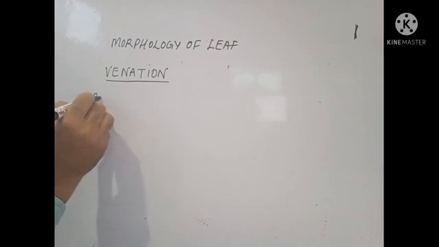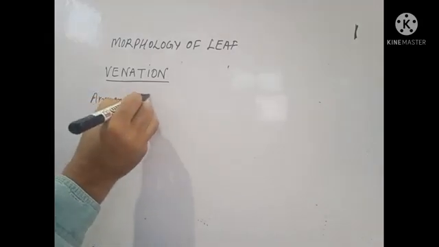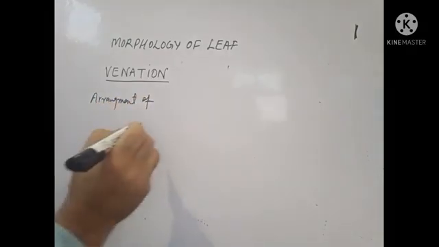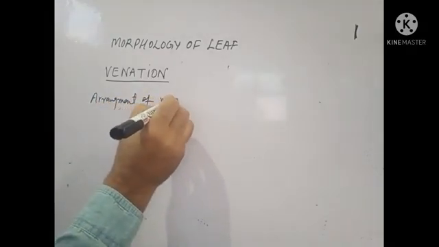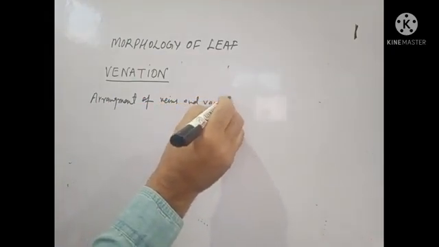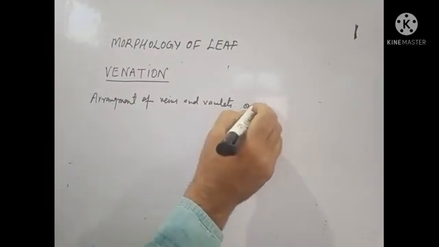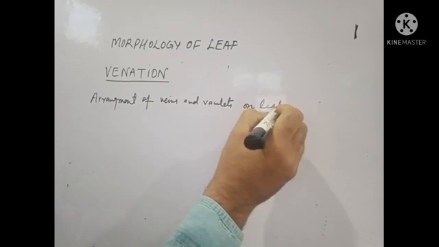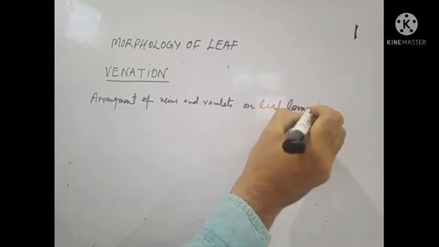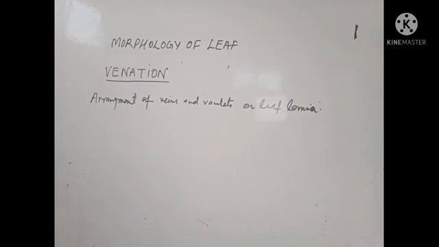We write here arrangement of veins and veinlets on leaf lamina. Arrangement of veins and veinlets on leaf lamina is called venation.